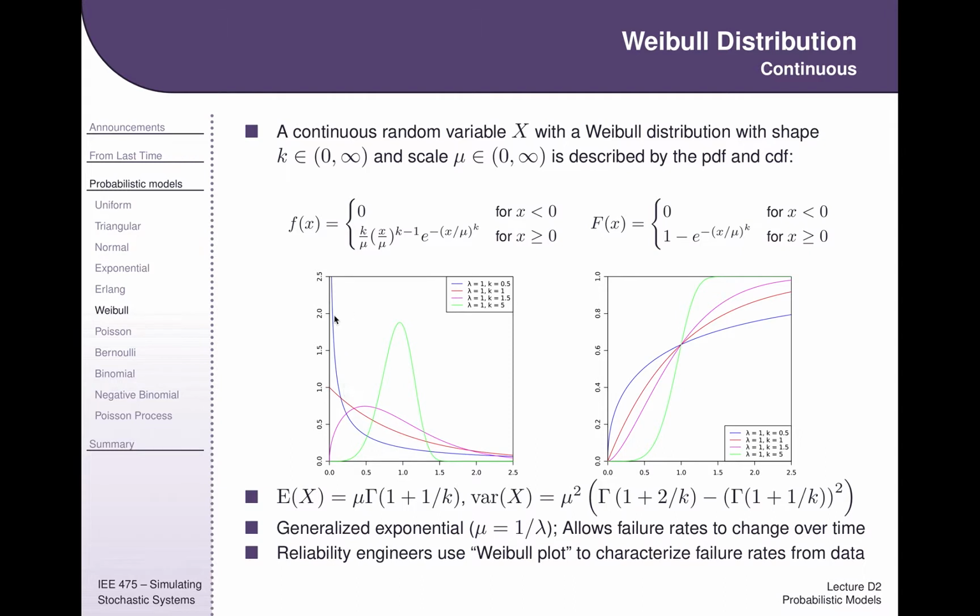That means that many of the events happen very early, much earlier than you would expect if it was an exponential distribution. Likewise, if we take that k parameter and make it larger, then that guarantees that almost no failures are going to happen here, which is why the cumulative distribution is flat and then suddenly rises. And so the probability that you'll get a failure before this time is basically 0. That's what this cumulative distribution is all about.